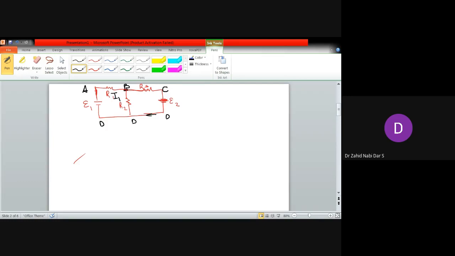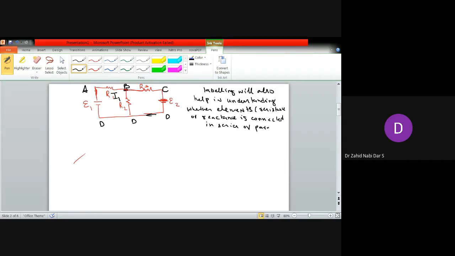But what I take is so that you understand, this labeling will also help in understanding whether elements like resistance or reactance are connected in series or parallel. So this is one important fact.